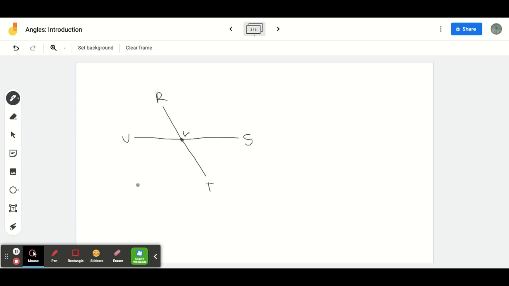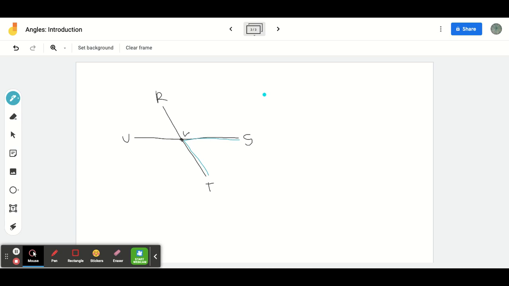So say it asks you to point out one of the angles in this example. What you'll do is get one of these outer points, and then write those letters down in order. So if we want this angle right here, that's in blue, it can either be SVT or TVS.